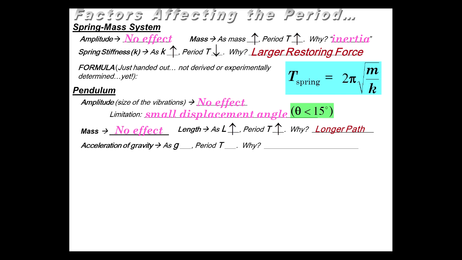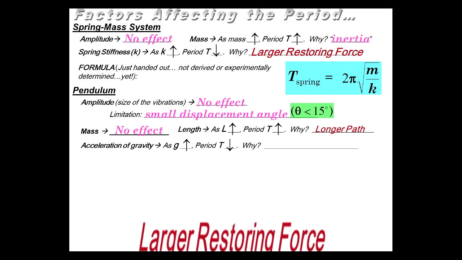And now this one, I can probably demonstrate this mildly, although not here. Acceleration of gravity. You think, well, that's a constant. Well, yes. But as gravity goes up, this probably should be intuitive. As gravity goes up, the restoring force on the pendulum goes up as well. So if the acceleration of gravity goes up, the restoring force goes up while inertia stays the same. So the period's going to go down.